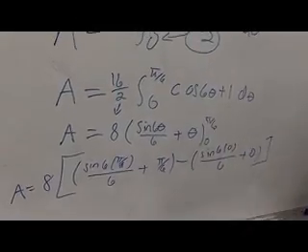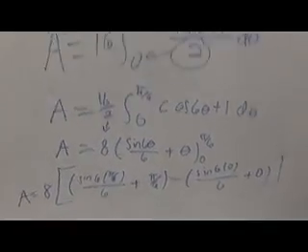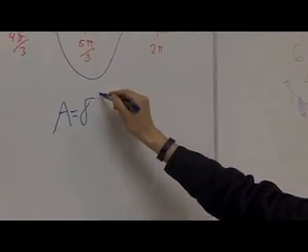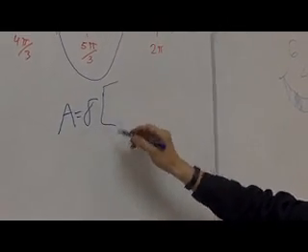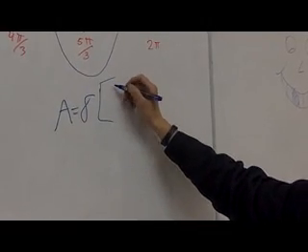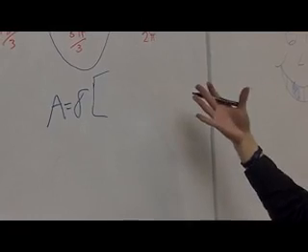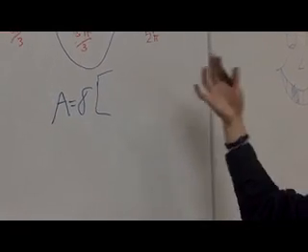Area equals 8. And 6 times pi over 6 is just pi, so sine of pi is 0.